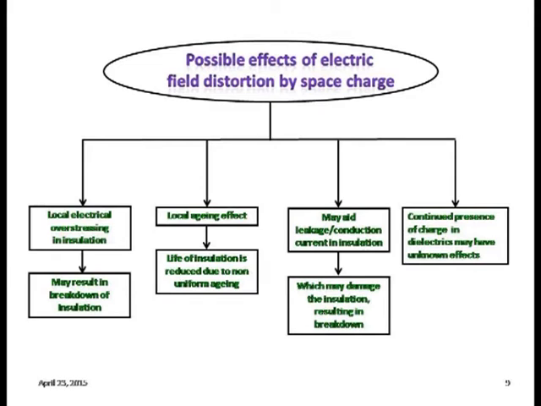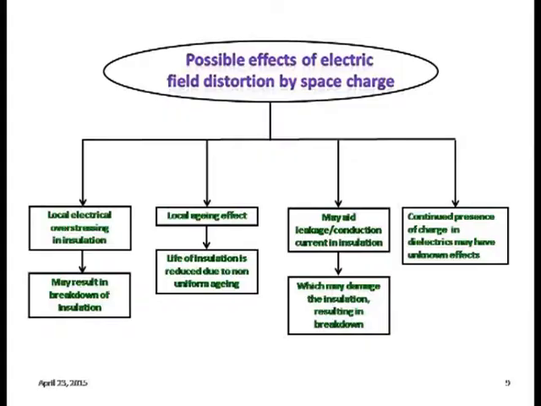This local enhancement may result in breakdown of the insulation, as breakdown may be initiated due to high electric stress. Second, local aging effects. Wherever the electric field is high, aging is accelerated, so more aging can occur. The life of the insulation may also be reduced, and it may aid leakage or conduction current in the insulation.